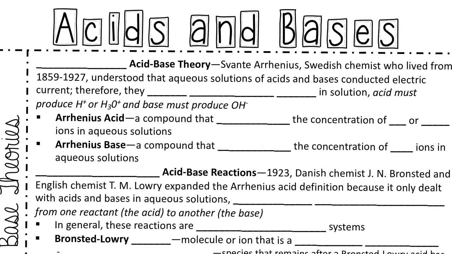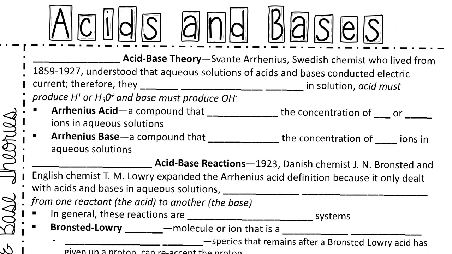So, in the POGL, it talked about Arrhenius's acid-base theory. He was a Swedish chemist who lived from 1859 to 1927. He understood that aqueous, and remember aqueous means water, solutions of acids and bases conduct electrical current.